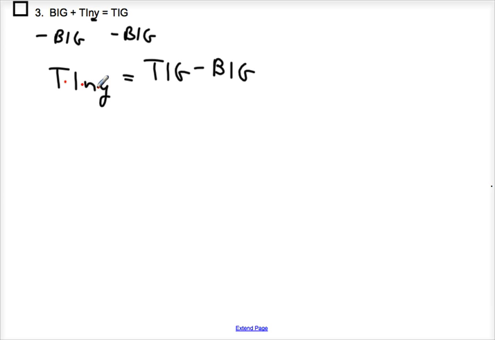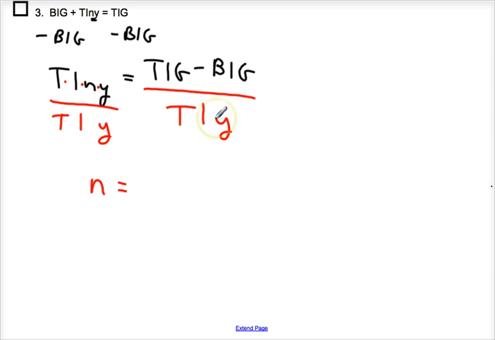So I can divide them over individually, but it's a lot quicker just to say, you know what, I'm going to divide by T, I, and Y right away. That'll cancel and leave me with n equals. And if I divide by T, I, and Y on the left, I need to divide the whole right side by T, I, and Y.